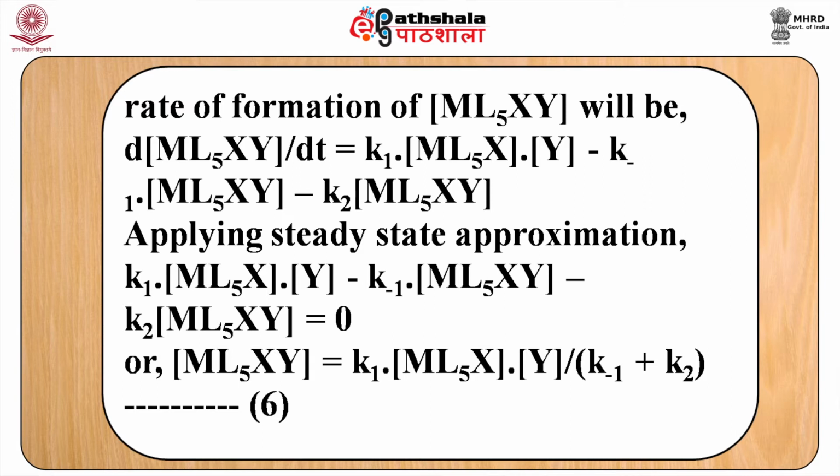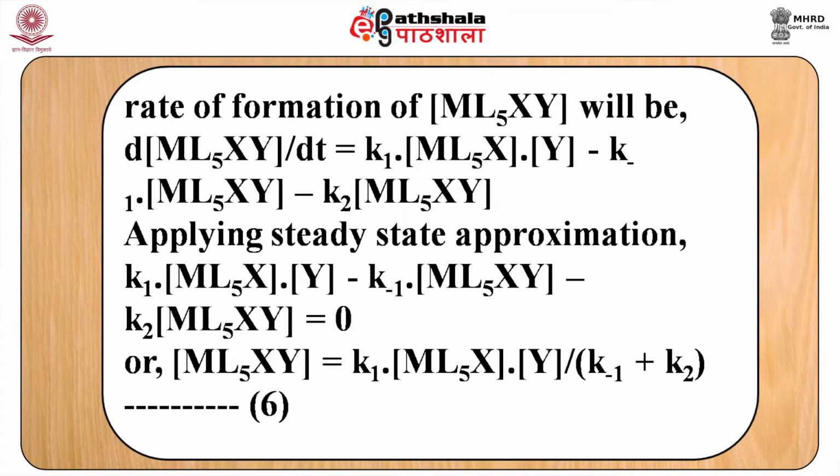Applying the steady state approximation, we get K1 into [ML5X] into [Y] minus K minus 1 into [ML5XY] minus K2 into [ML5XY] is equal to 0, or the concentration of ML5XY should be equal to K1 into [ML5X] into [Y] divided by K minus 1 plus K2.